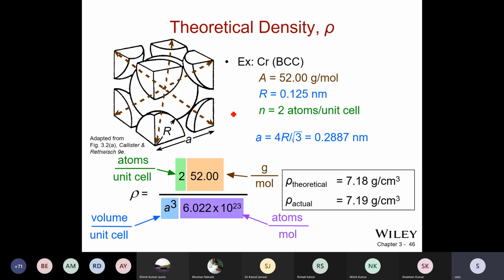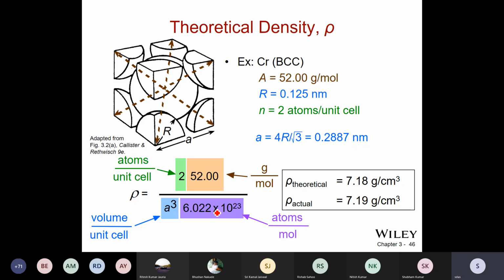R is 0.125 nanometer, or 1.25 angstrom. And along the body diagonal, the atoms touch each other. So in terms of a, that is the lattice constant, we can calculate 0.2887 nanometer.